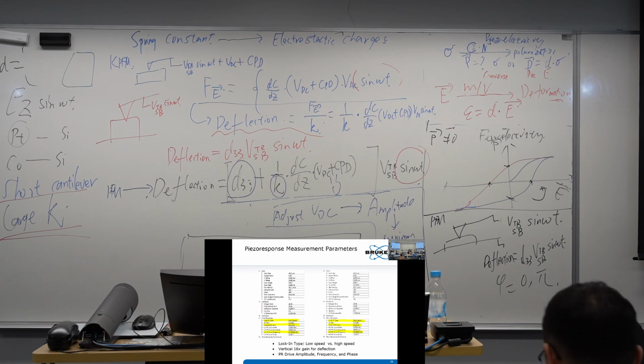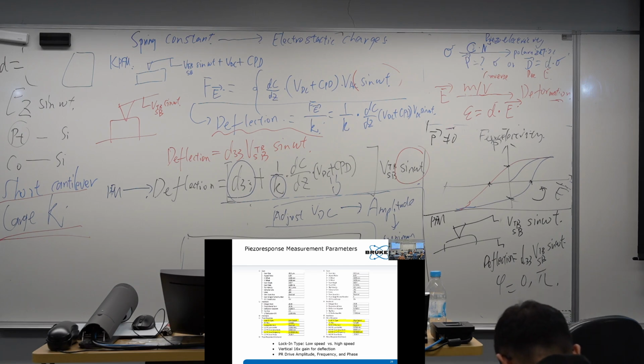One is the so-called low speed, with frequency from 0 to 50 kilohertz. Another type is the high speed, which can go from 0 to 5,000 kilohertz. You can use either of them. If you want to use the 19 or 47 kilohertz frequency, you can choose the low speed, and that's the difference.